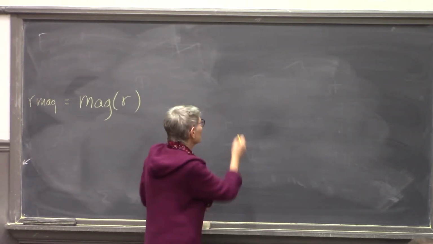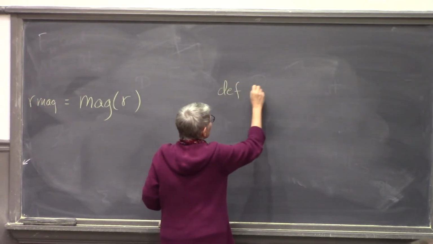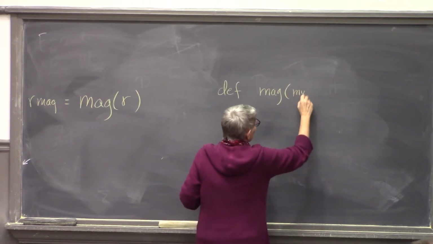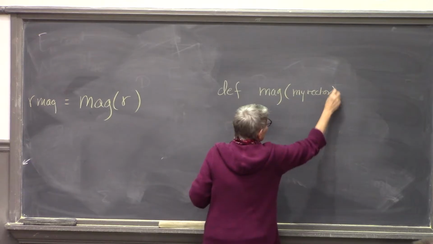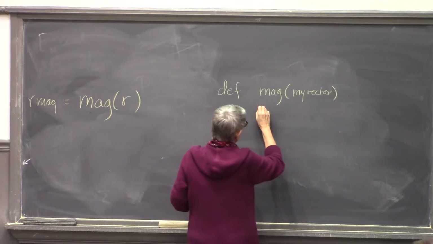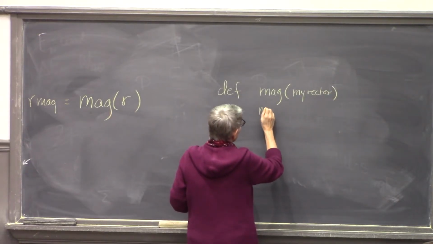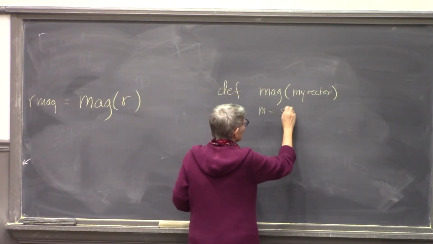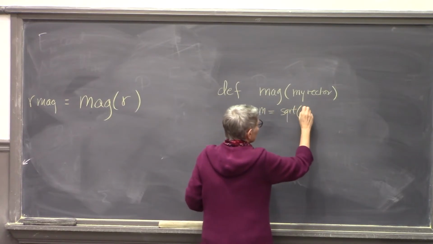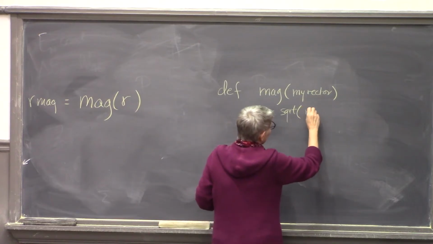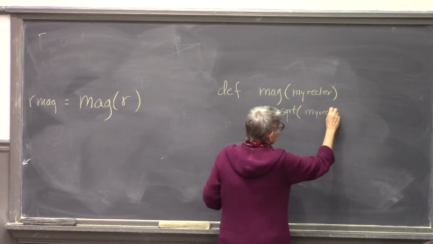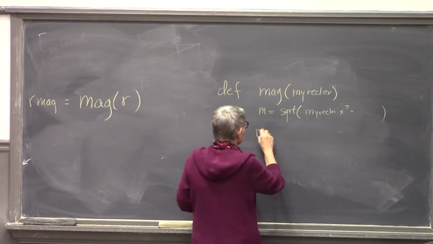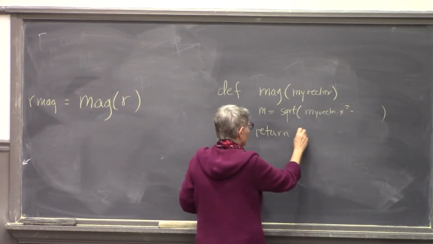Somewhere there was something that said def magnitude of my vector, colon, and it said m equals square root of my vector dot x squared plus, and so on, and then it said return m.